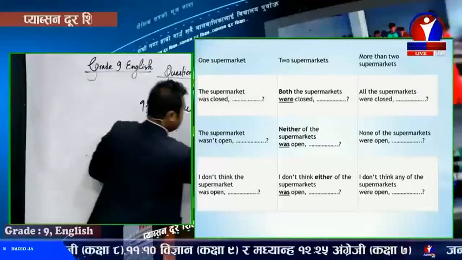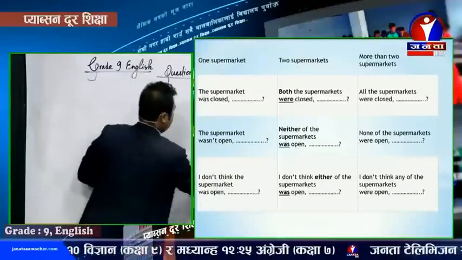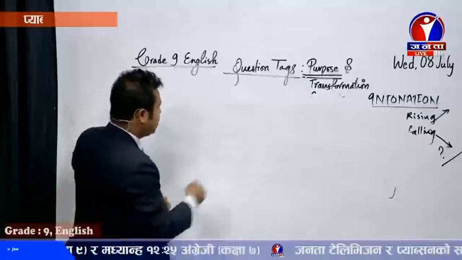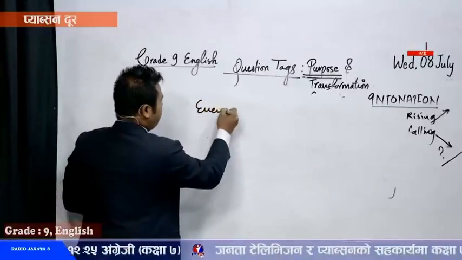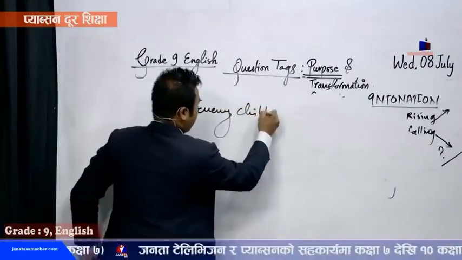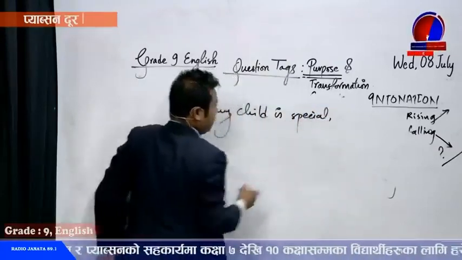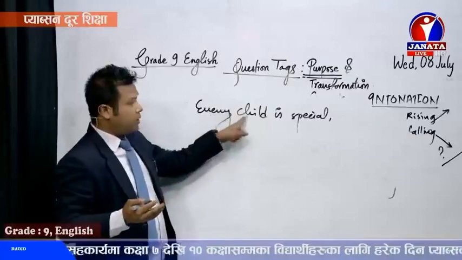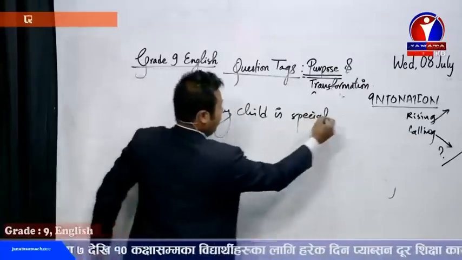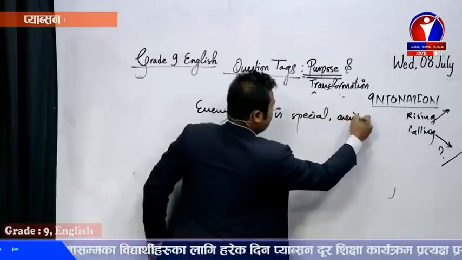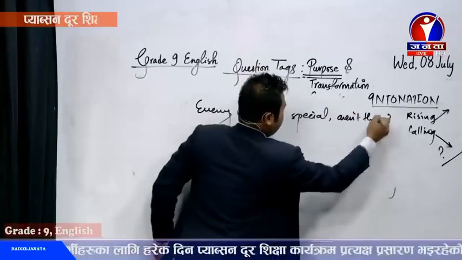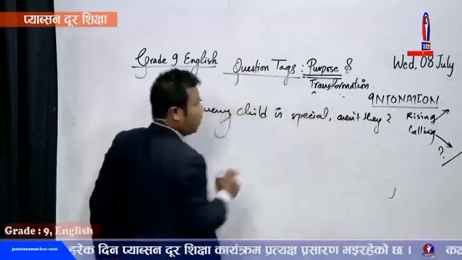I will demonstrate to you one example on the board, and I think that will make everything clear. See here. Every child is special. This is a positive statement. We all know every child is special, and the tag is aren't they. Now, why are you using aren't they?